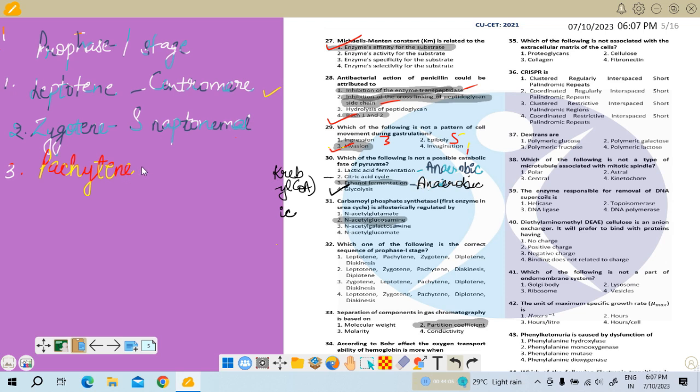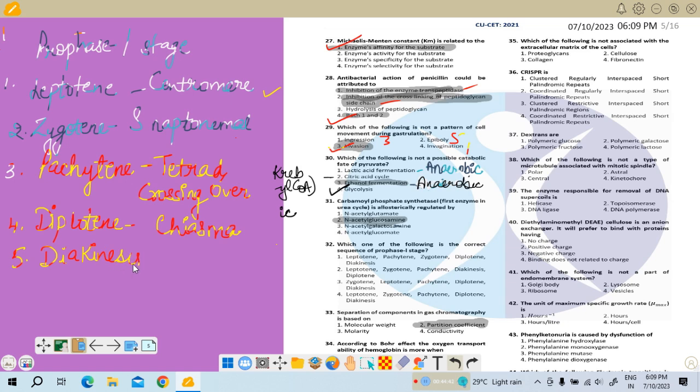Here we have the formation of tetrad, that is crossing over takes place. Then we have diplotene. Formation of chiasma. Chiasma is formed at the point of crossing over. Then at last we have diakinesis.